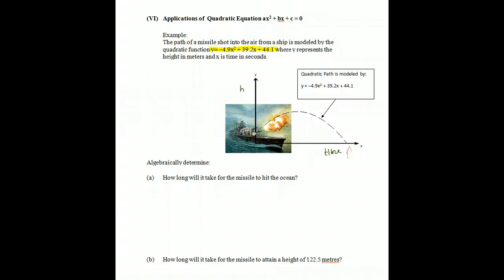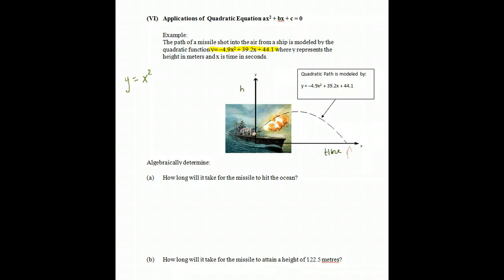So in order to solve this question here, we'll factor. Now our equation has negative 4.9. We want to get rid of that if possible. And we find that we could divide negative 4.9 evenly into each of the other terms. So dividing negative 4.9 by itself will give us 1x squared.